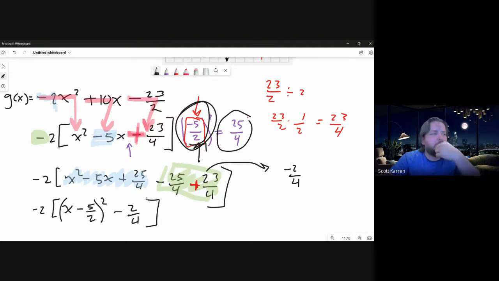Still seems like there's something wrong here, because I'm looking at it and this is an example from the book, and they came up with a different answer here.